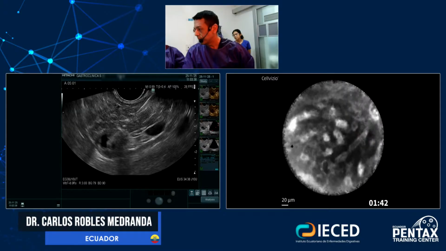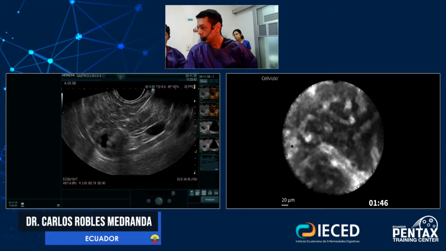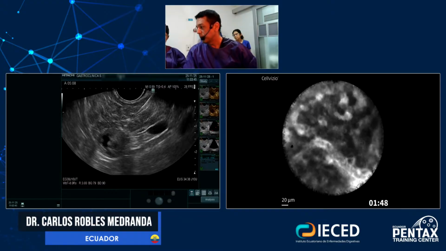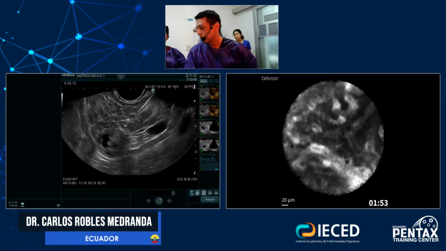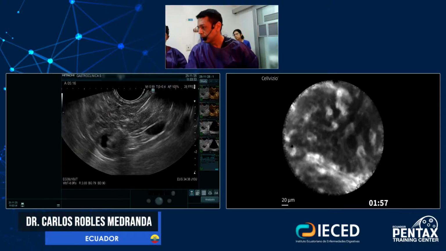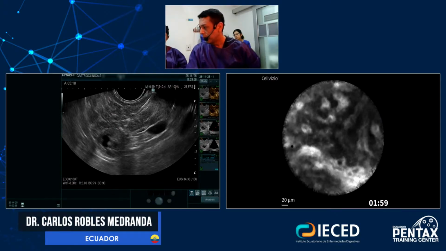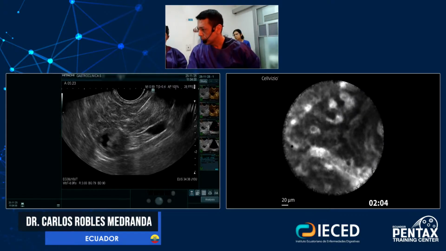This is a tortuous area with vascularization. Just because of this area, I could say probably this is a serous cystic lesion, but probably this is a mixed lesion that sometimes I talk. This is very small. Oh wow.